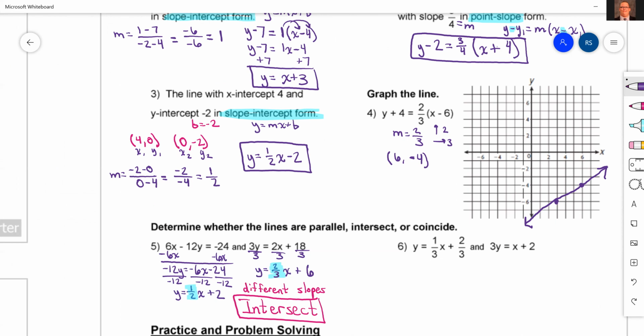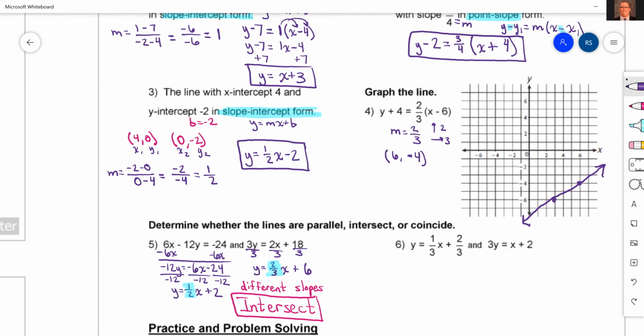Okay, next one. y equals 1/3 x plus 2/3. They did that for us. We don't have to do anything on that line. But the second one, we got to do a little bit of work. We've got to divide by 3. So y equals 1/3 x plus 2/3. Now, compare the slopes.